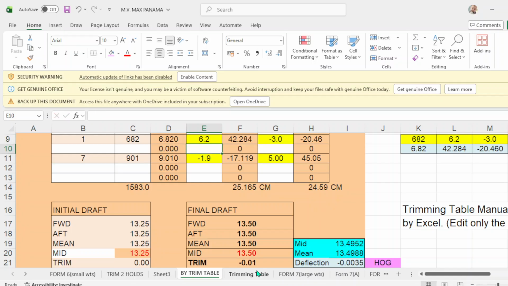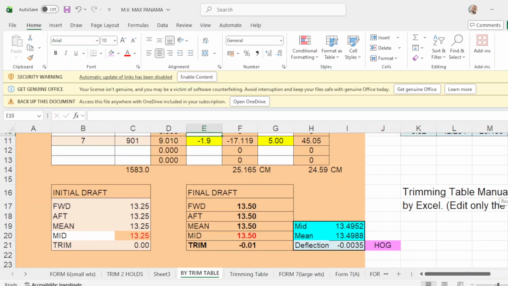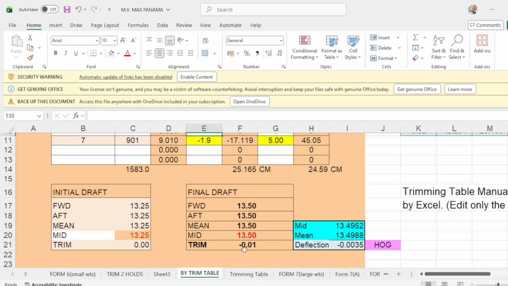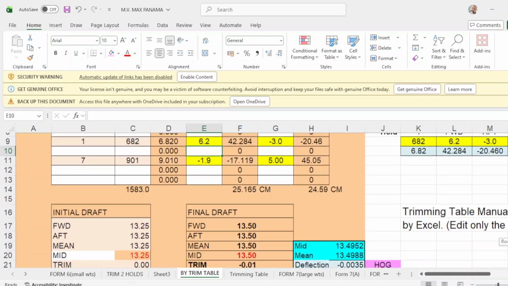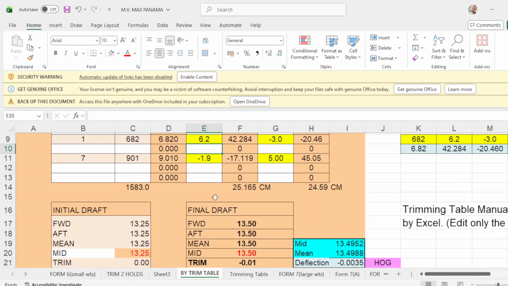You are now trimmed by the head, but it doesn't say so. Okay, it's even keel. Let's say 6.3.